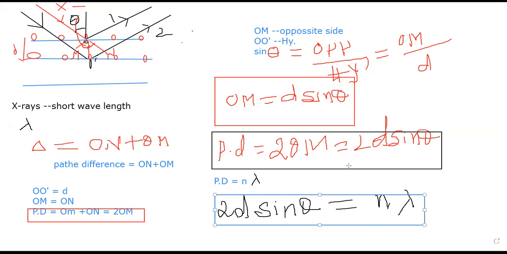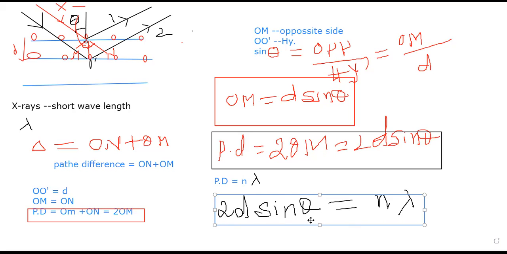This equation is used to find the interplanar distance, and by studying the diffraction pattern we can find out how many different sets of planes there are by observing different sets of Miller indices.